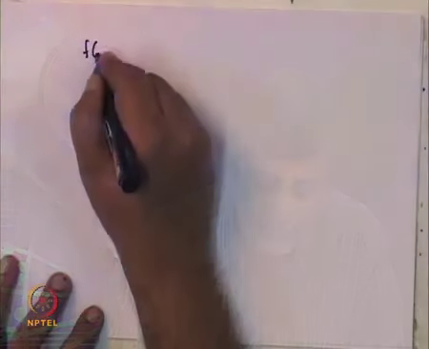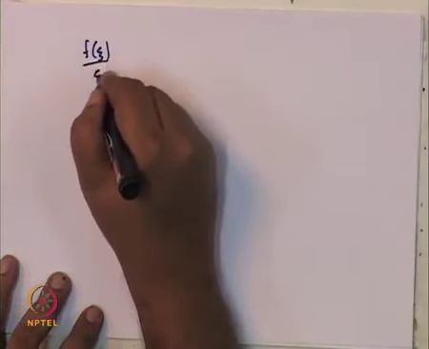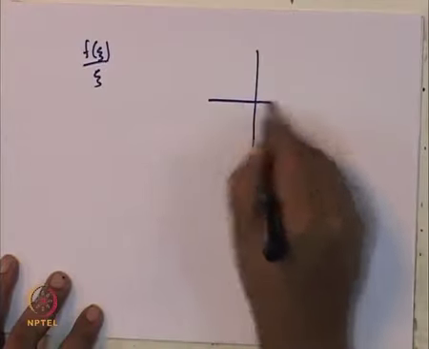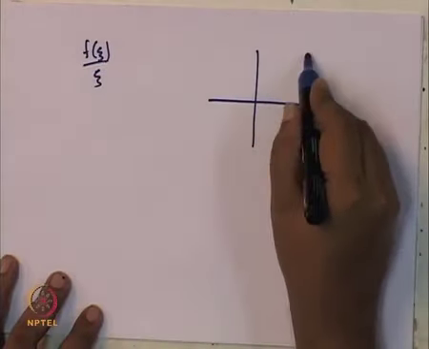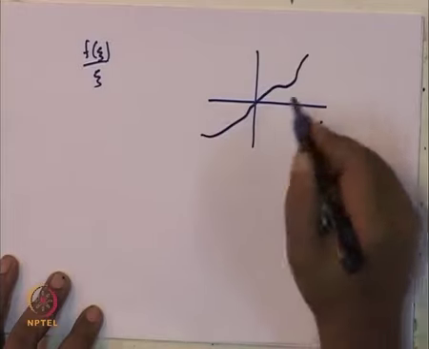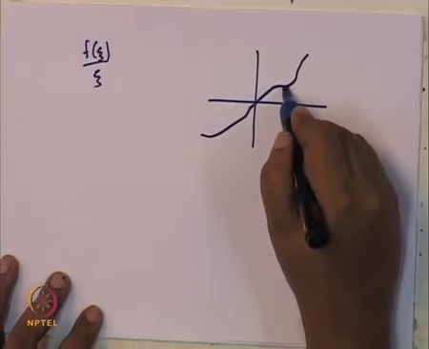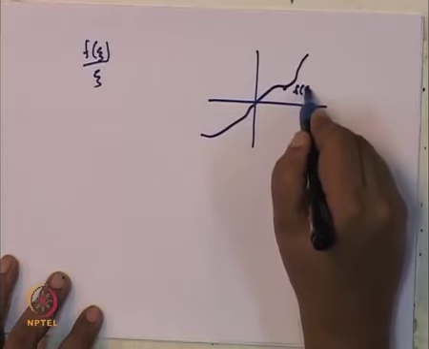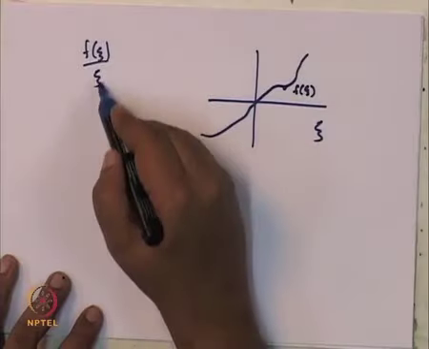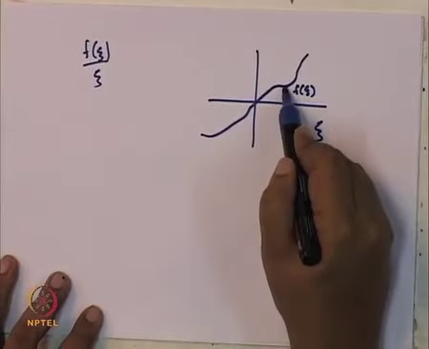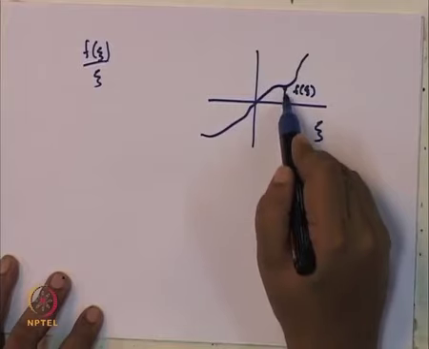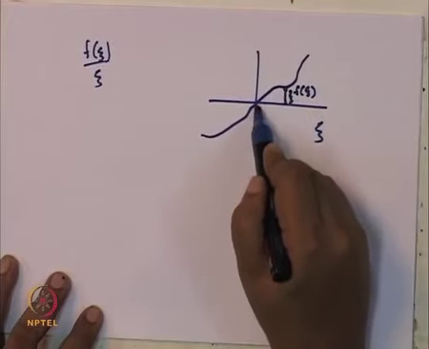We are looking at f(xi) by xi, and let us say the nonlinearity is like that. So, let us say this was f(xi).